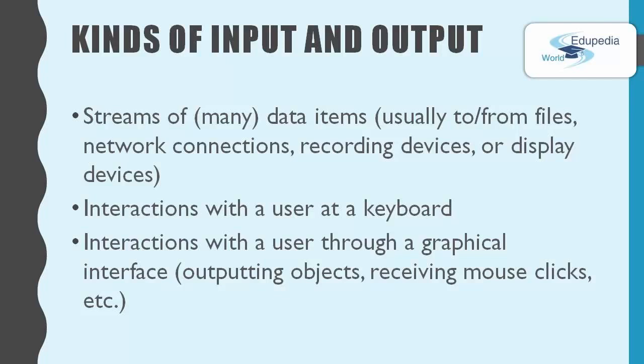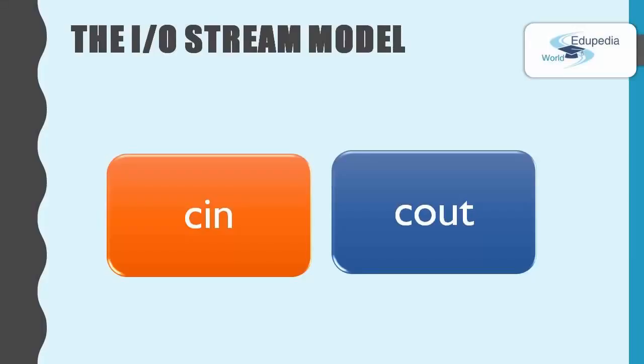The first two kinds of input-output are provided by the C++ standard library IOstreams and supported rather directly by most operating systems. We have been using the IOstream library all through our course to use the keywords cin and cout. Let's talk more about this IOstream model.